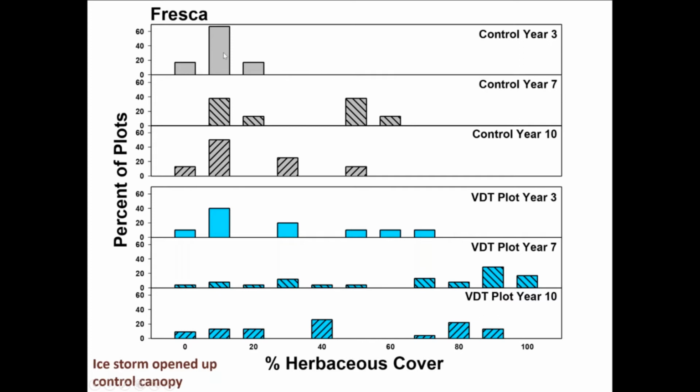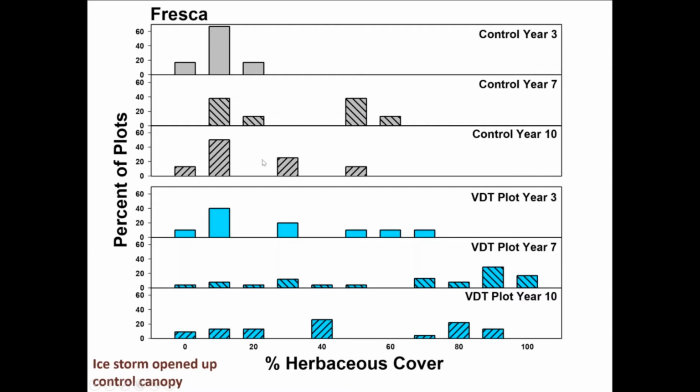Once again, like with the seedlings and saplings, depending on what you start with, the stands can develop in very different ways. So in this case, that Fresca stand that had not been previously thinned, we're looking at this percent cover. So this is the percentage of plots by different cover categories.